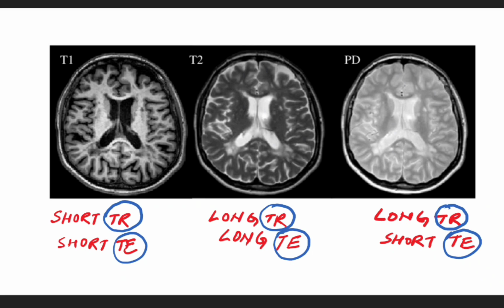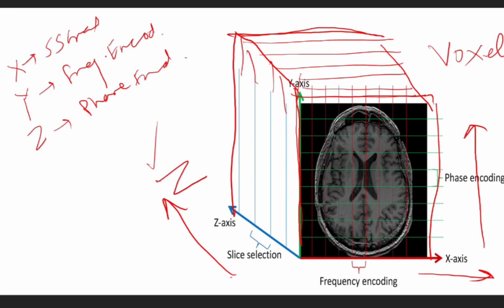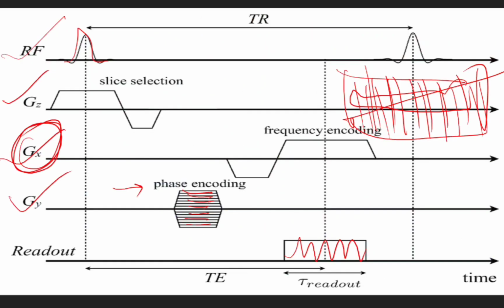These are general images I included here: T1, T2 and PD. Short TR, short TE is called T1; long TR, long TE is T2; and PD contrast is long TR and short TE. T1 and T2 I have already explained. T1 is longitudinal relaxation time and T2 is transverse relaxation time.